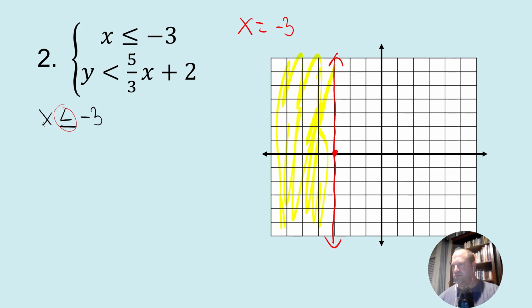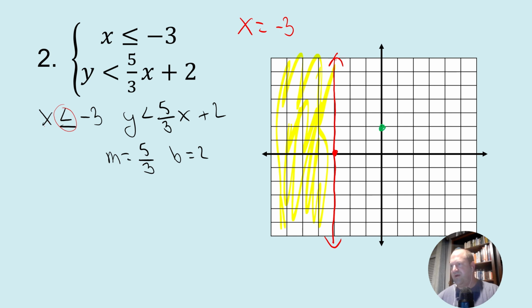I'm going to shade that in yellow. And our bottom inequality is y is less than 5/3 x plus 2. Our slope is 5/3. Our y-intercept is 2. I'm going to graph this in green. So we're going to start at 2.